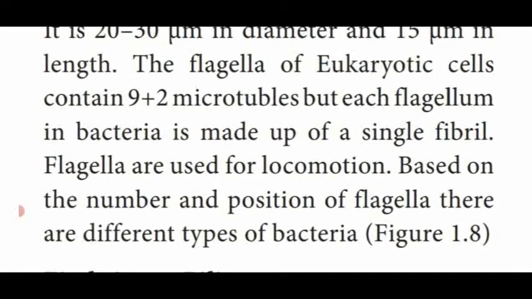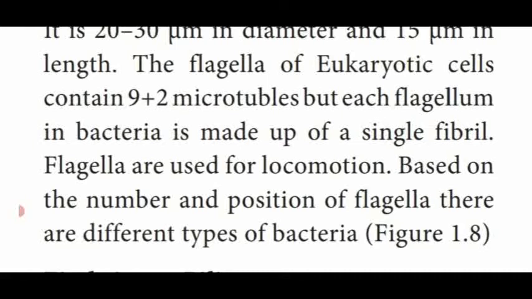Based on the number and position of the flagella, there are different types of bacteria. We have already seen that one. Only one flagellum at one end is monotrichous. Tuft of flagella at one end is lophotrichous.